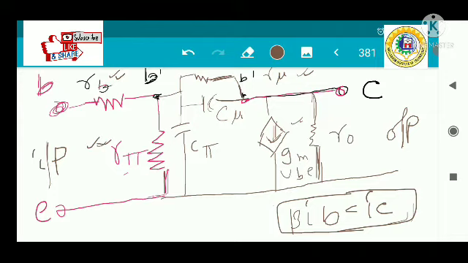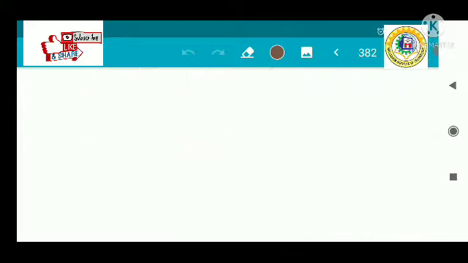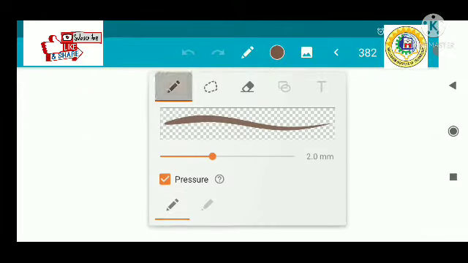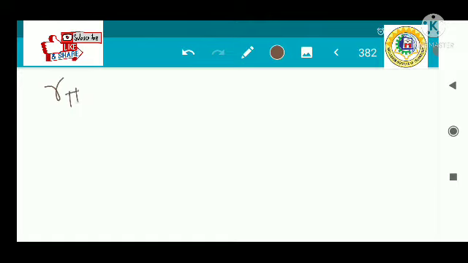Next we will learn what R pi is. R pi is the base emitter junction resistance, so this is the forward bias resistance.